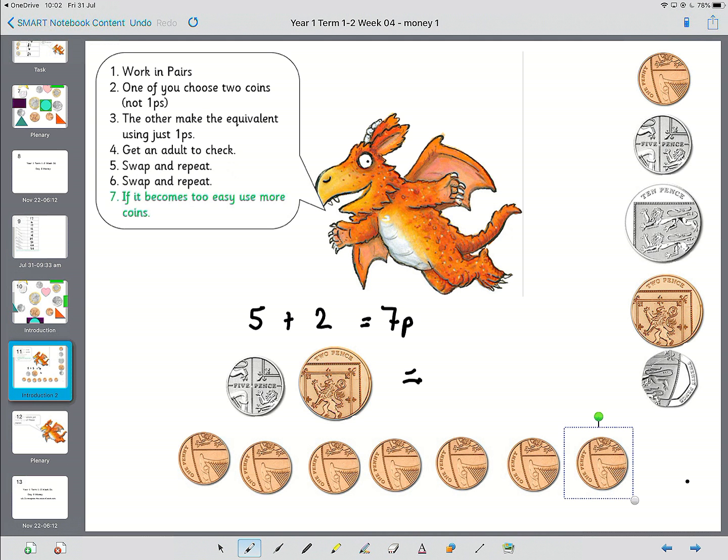If you want to make the challenge a bit easier, use one of the other coins and just a 1p. If you want to make the challenge a bit harder, use more than 2 coins. You could use 3 or 4 coins. Okay? And just play that for as long as you want. And then when you finish that, Zog's got a question for you to answer. So pause the video now, and when you're ready to finish the lesson, start it again.